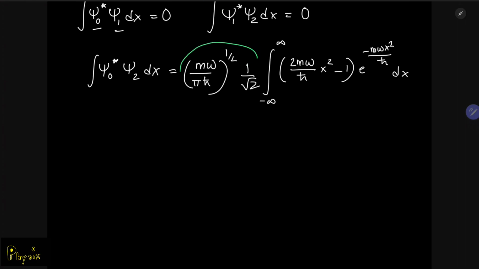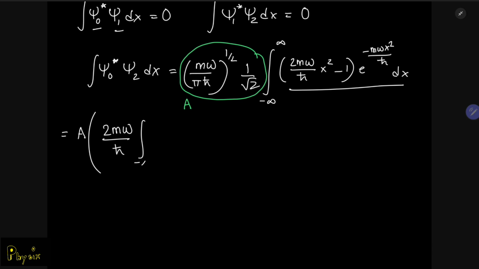Now, for convenience, we are going to treat this as some constant A, and if we write down the entire thing, we have some constant A times this entire integral, and we can split this integral into two parts. One is 2m omega over h bar times the integral of x squared e to the negative m omega x squared over h bar, minus just the integral of e to the negative m omega x squared over h bar dx.